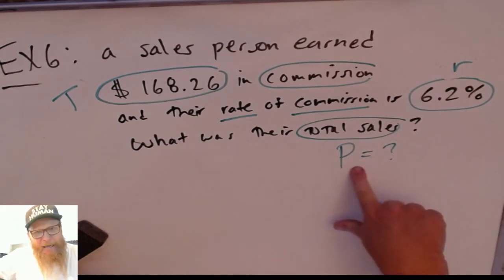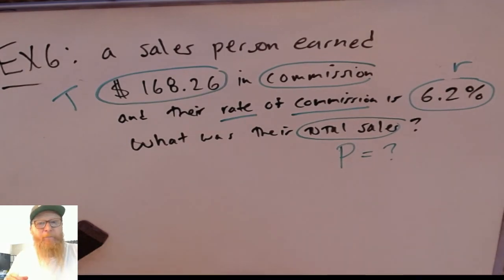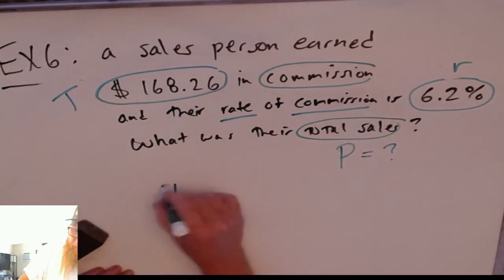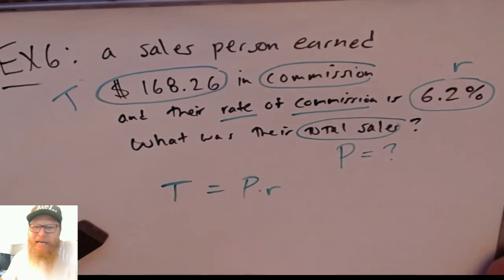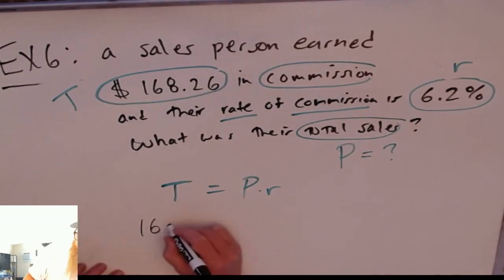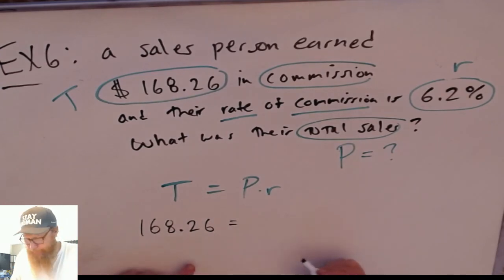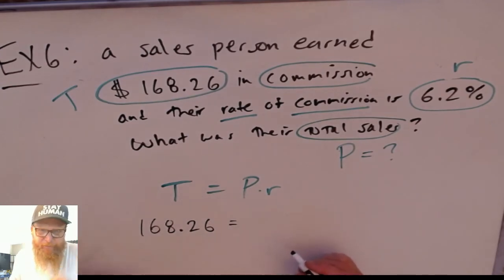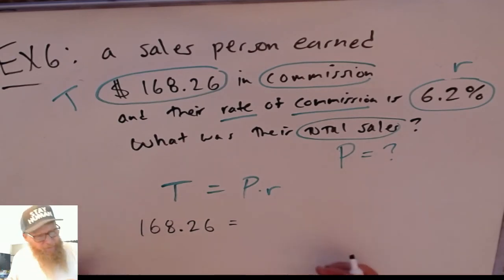And then P, productivity, is also known as principal or price, or lots of things for P. So I'm going to go ahead and stick with my T equals PR formula. It means the same thing. I'll leave it to you to decide what letters you want to use. But if you use my letters, you'll be much more prepared for the future.